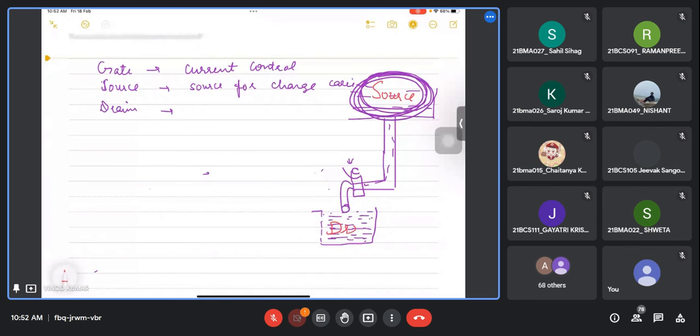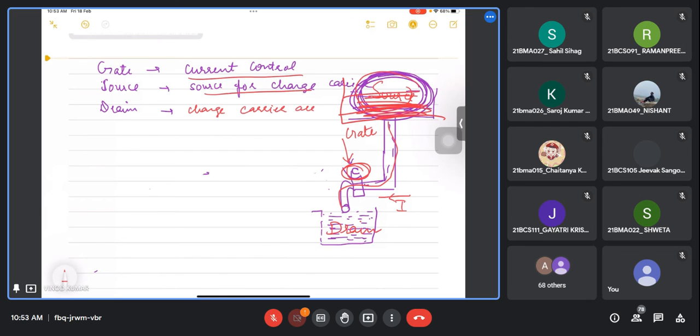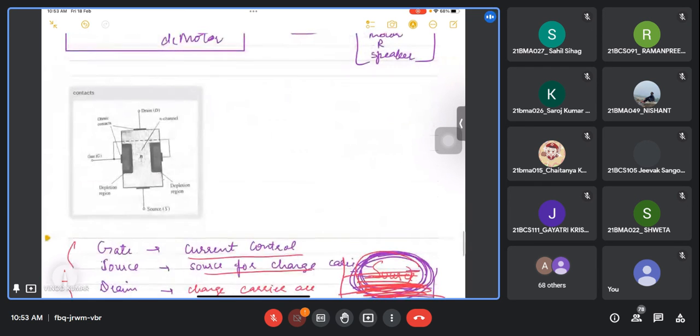This is drain and this is gate. So gate is to control the current flow of the charge carriers. That is going to control the current. Source is source of charge carriers because this tank is full of charge carriers, and drain is where charge carriers are drained. Okay, so this is drain. This is bucket likes. That's why these three terminals, they are here.